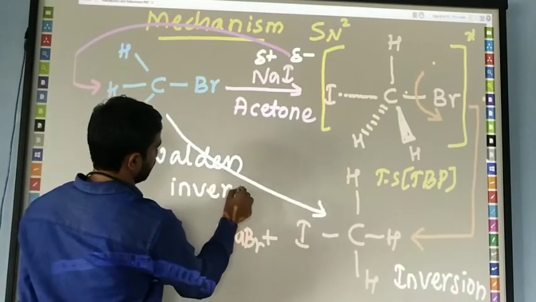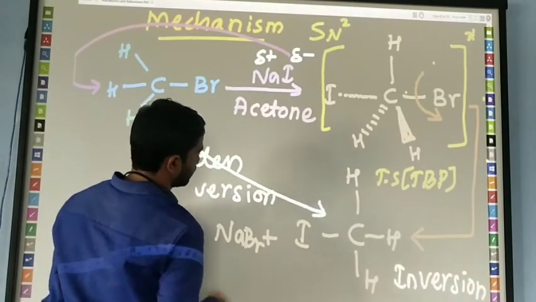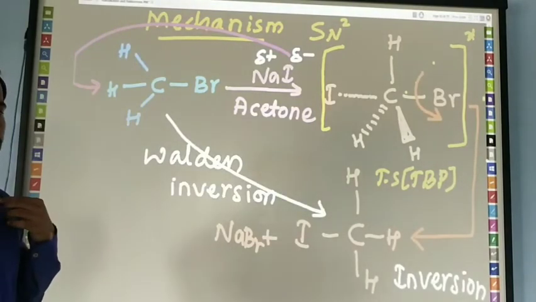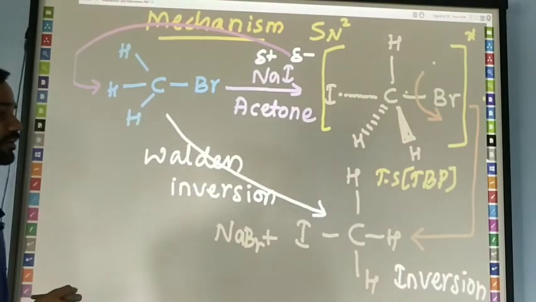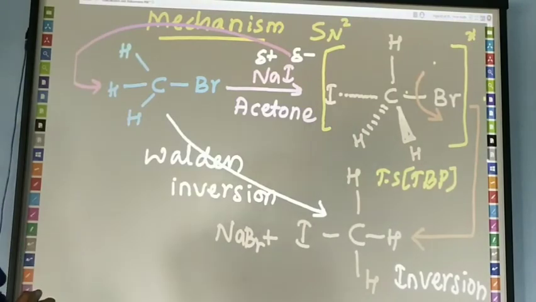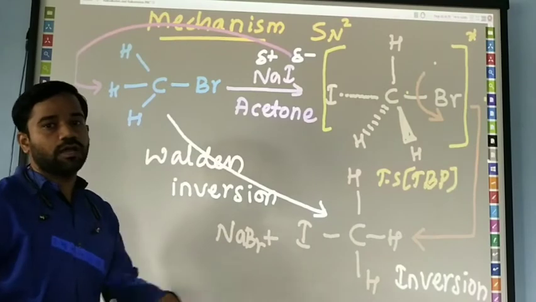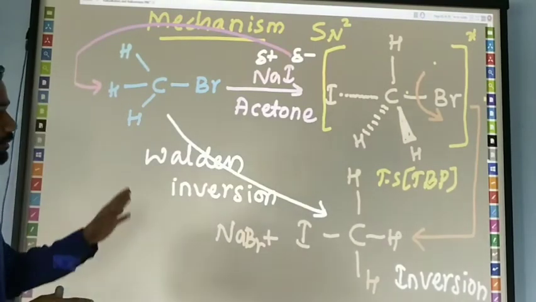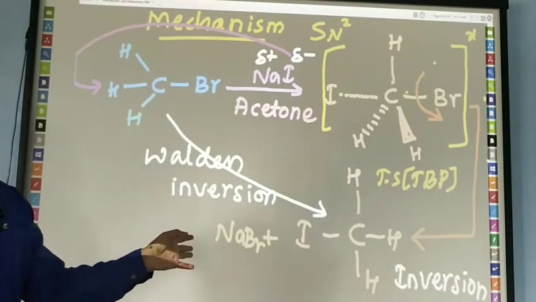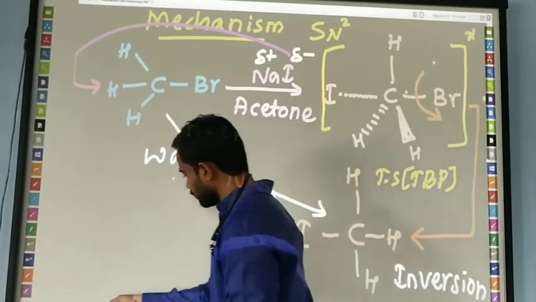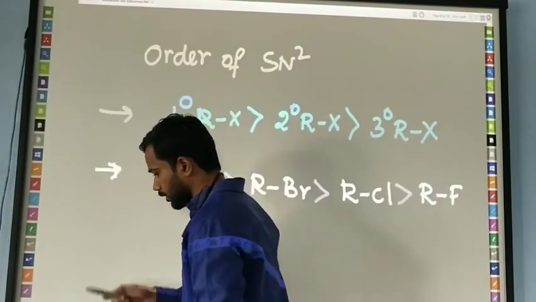It follows the Walden inversion, where the nucleophile has been attached where there is less crowding and less steric hindrance, and methyl bromide is converted to methyl iodide. So we got an example here.